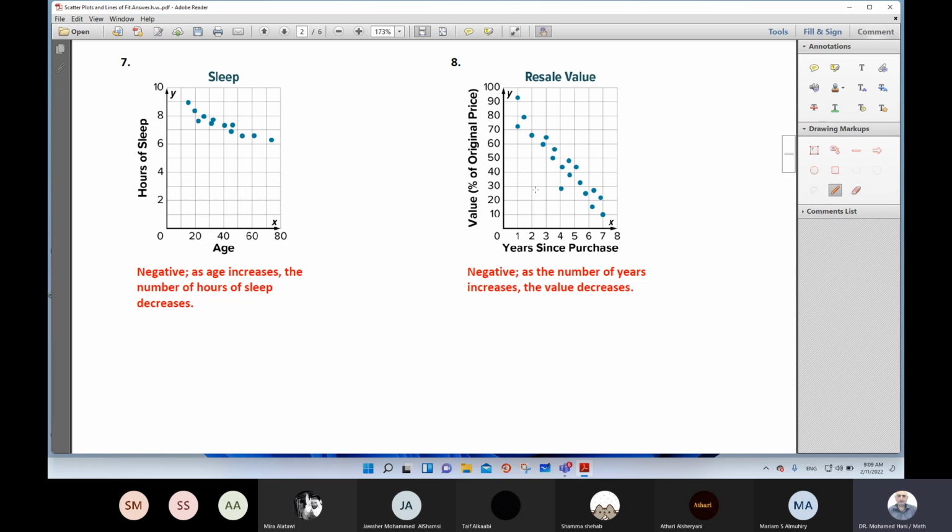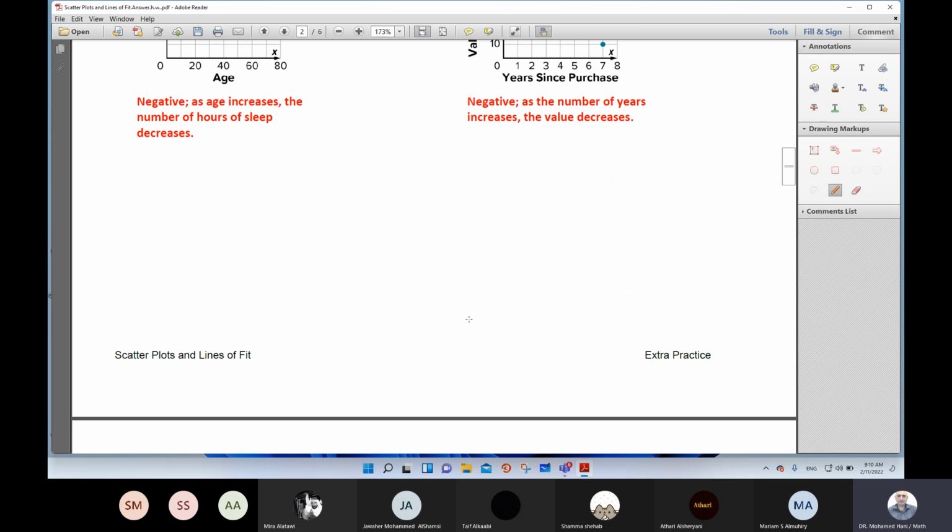In this example here, as you see, we have decreases in the x-axis, means we have decreases in the years, and we have decreases in the y-axis, means we have decreases in the value. So it means we have negative. So as the number of years increases, the value decreases.